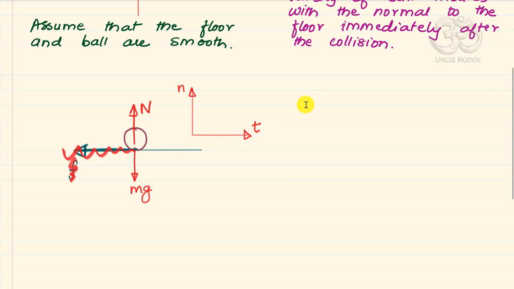And I can then claim that since F external on the ball along the tangential axis is 0, therefore the velocity of the ball along the tangential axis is a constant. It will not undergo any change. Okay, so that's one thing.